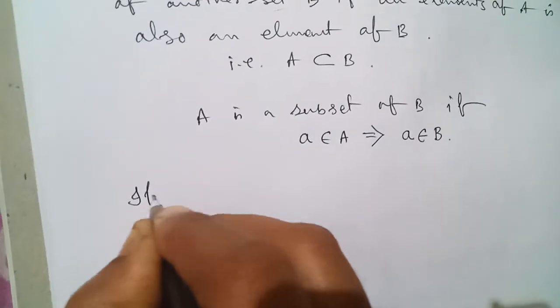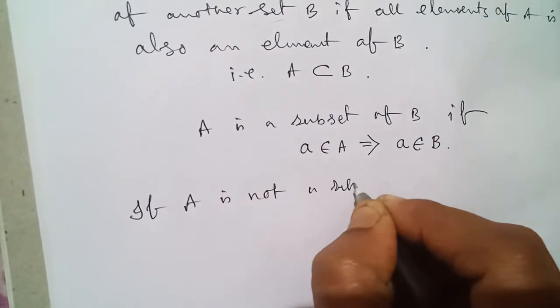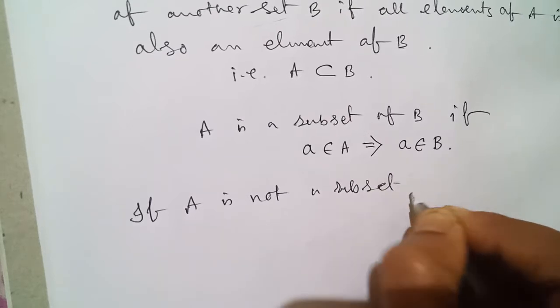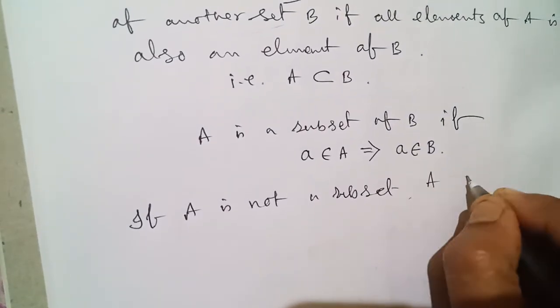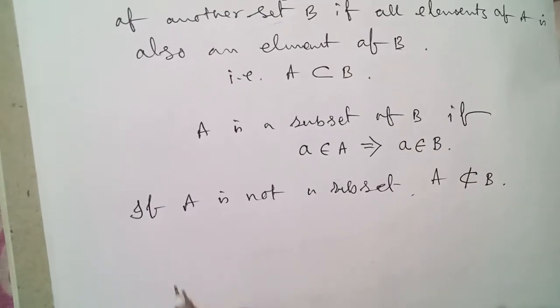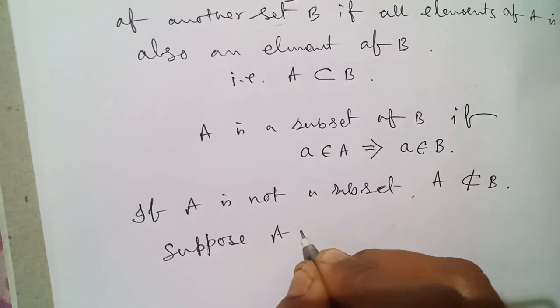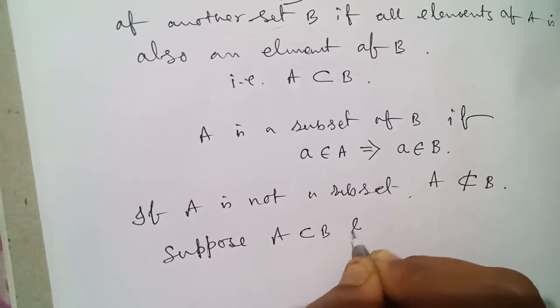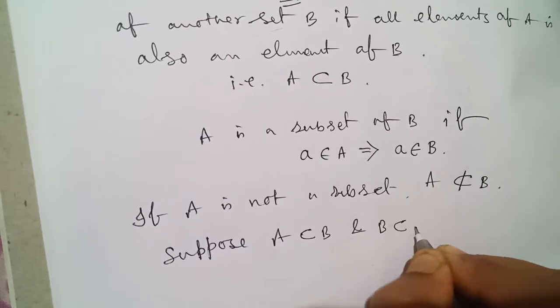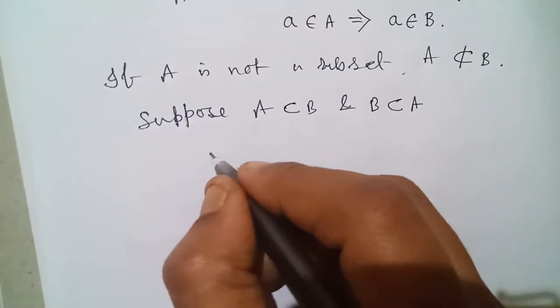Now, if A is not a subset of B, then we write A is not a subset of B. Now, suppose A subset of B and B subset of A simultaneously.